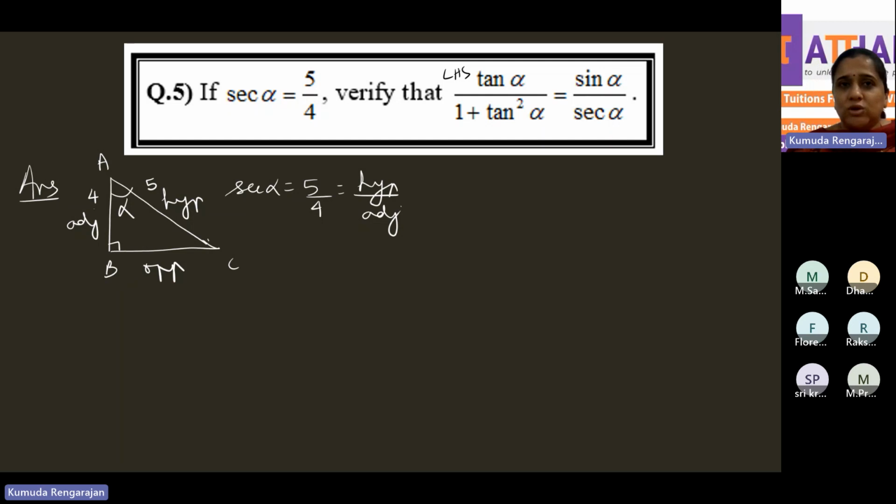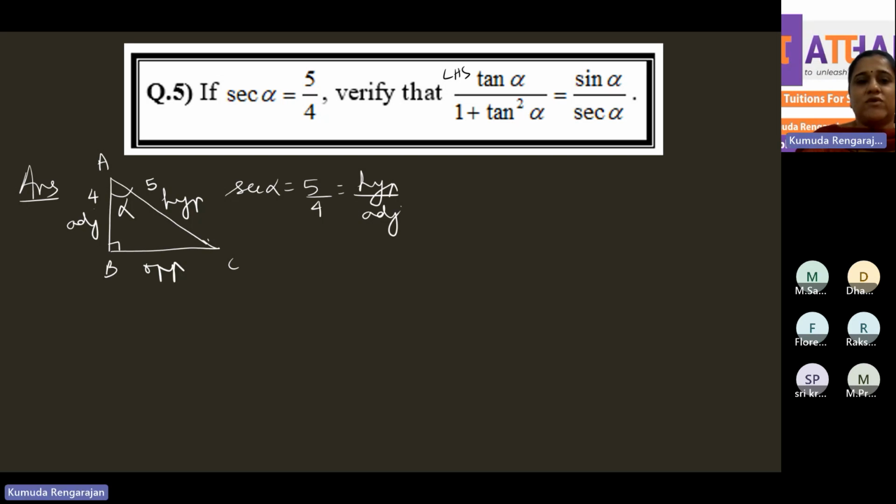Then using Pythagoras theorem, you'll get the unknown side. So now you have only one ratio, secant alpha. Now you can find sin alpha, cos alpha, tan alpha, cosecant alpha and cot alpha using the right triangle. In fact, if you find sin alpha, the reciprocal is cosecant. If you have secant, the reciprocal is cos. If you find tan from the triangle, the reciprocal is cot. Everything, you don't have to go to the triangle.